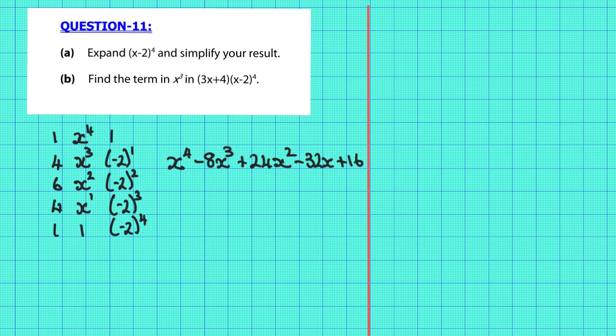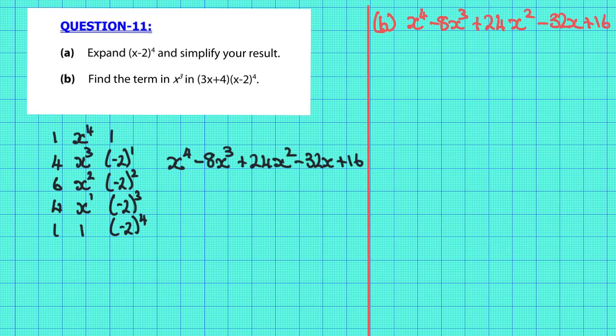Part B. Find the term in x cubed in the expansion 3x plus 4 times x minus 2 to the power of 4. In this question, we start with our expansion for x minus 2 to the power of 4, which is x to the power of 4 minus 8x cubed plus 24x squared minus 32x plus 16.